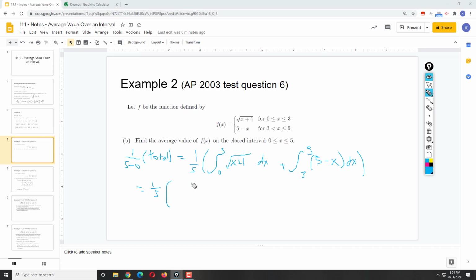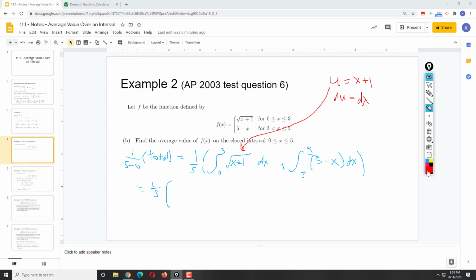Let's integrate. The square root of x plus 1 is the same as x plus 1 raised to the 1/2 power. So we can use u substitution for this one. Let u equal x plus 1, then du equals dx.